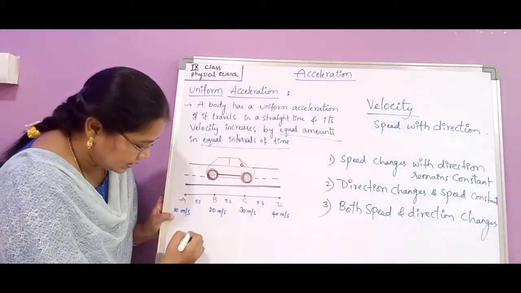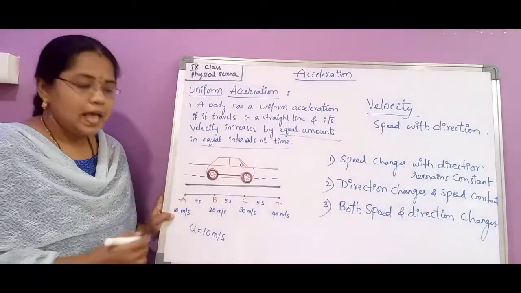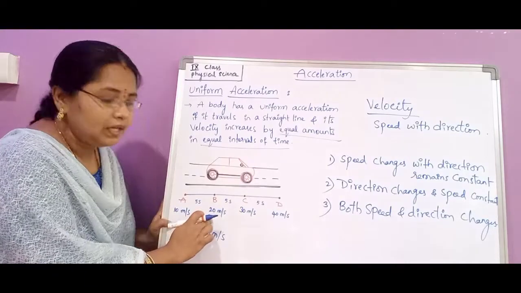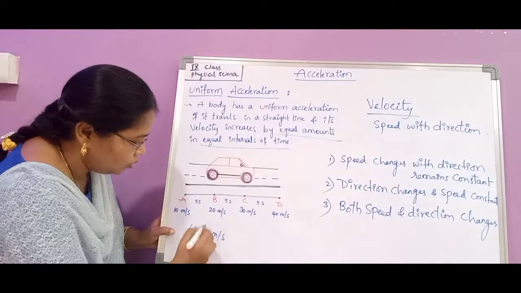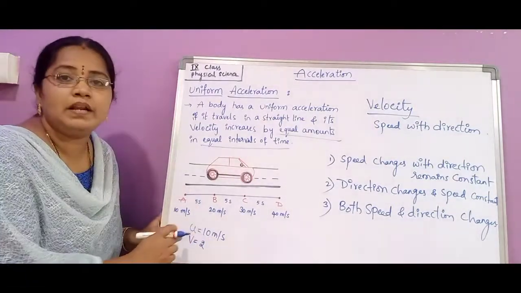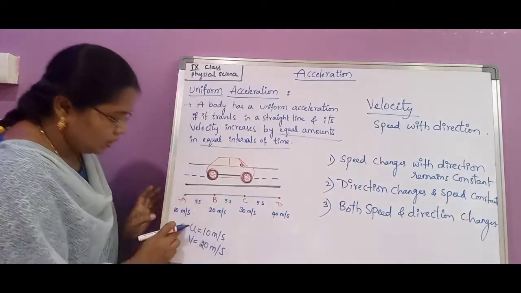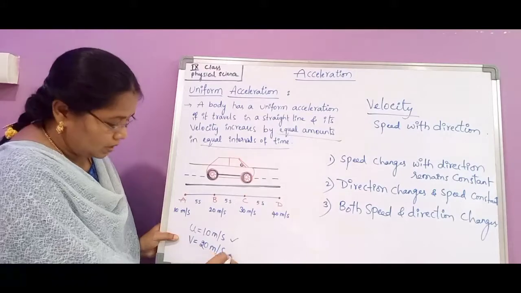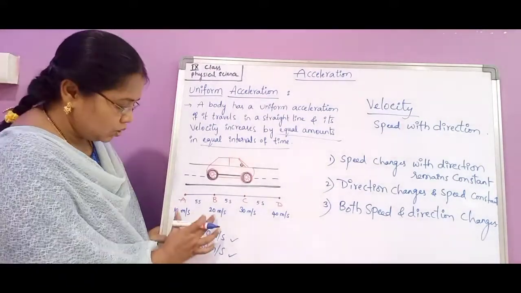This is the initial velocity, u is equal to 10 meter per second. At point B, the car is traveling with 20 meter per second. This is the final velocity, and you all know that initial velocity is represented with u and final velocity is represented with v. So v is equal to 20 meter per second.